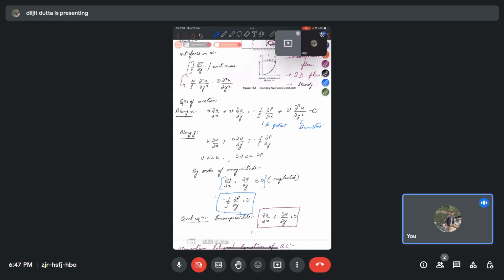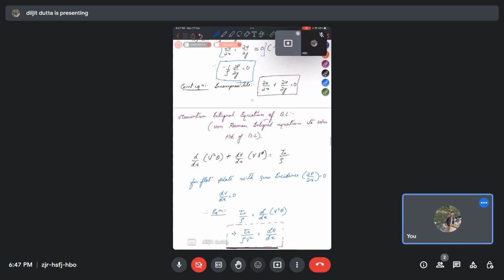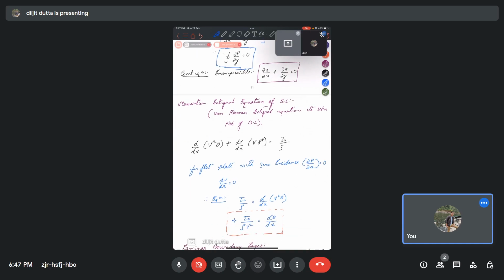Von Karman was the scientist who developed a method to solve the boundary layer equations. It is called the Von Karman momentum integral equation of the boundary layer. He integrated these equations and developed a method.